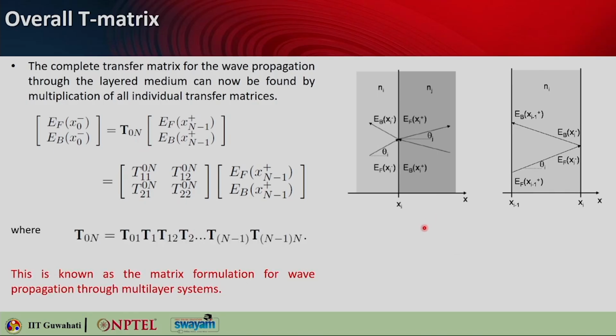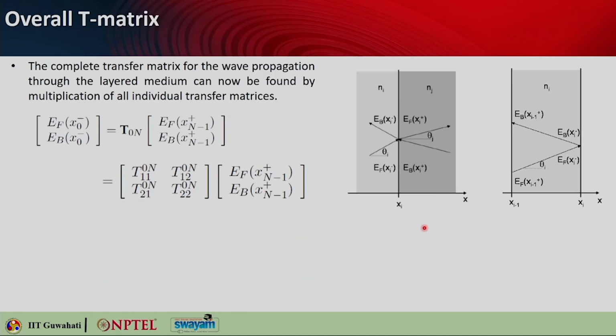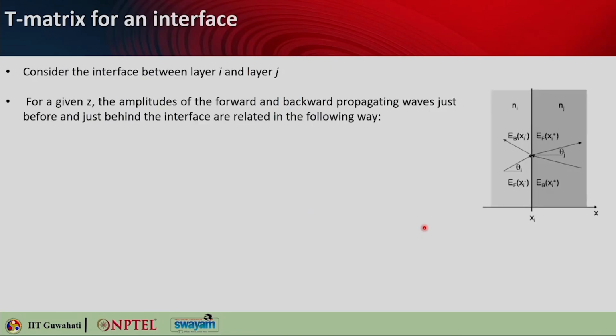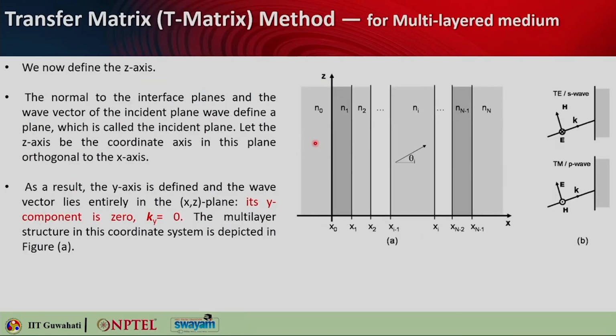You have to start with the first layer. If you go back, you will see that this is one layer. You will get a transfer matrix for this one, but this is the layer where the wave is already propagating in that medium, so you don't do anything for that. So what you first encounter is the interface between n0 and n1. So you have to get a transfer matrix for this one. Then you have this particular layer, then you have this interface, then again this layer, and so on.